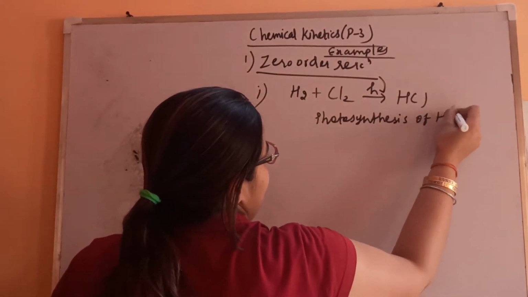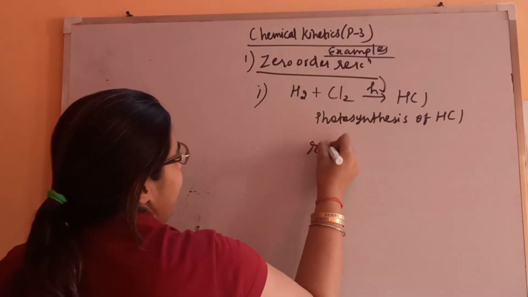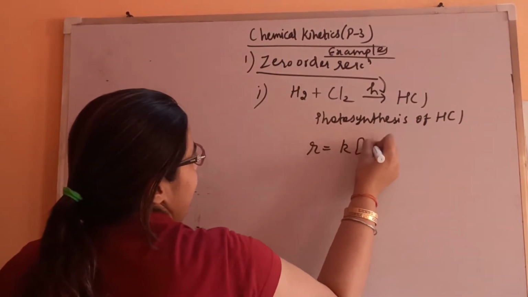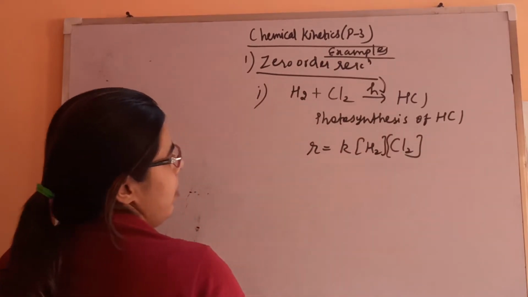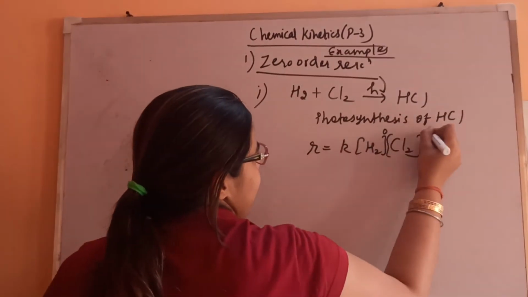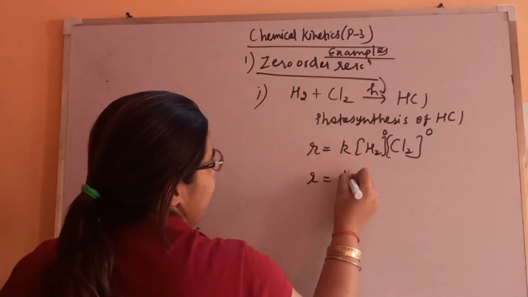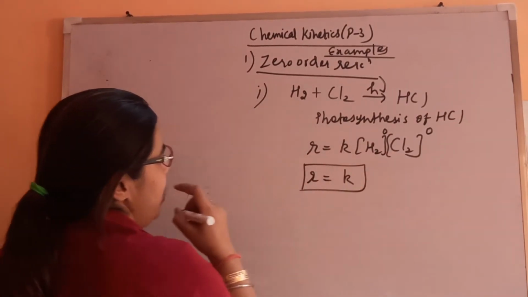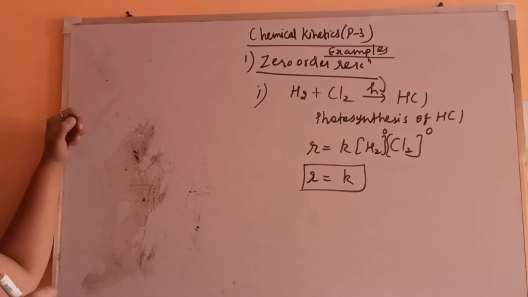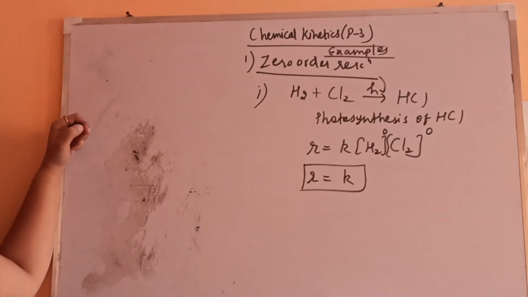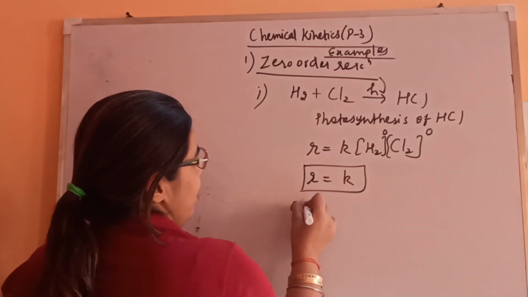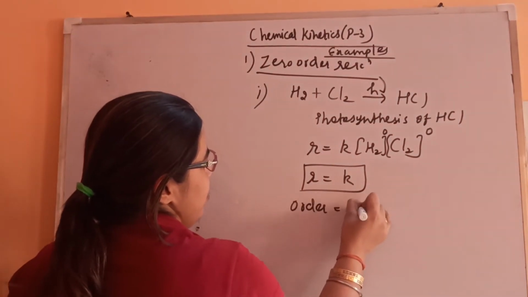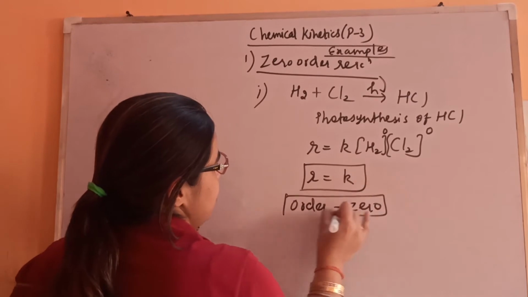If you want to write the rate, the rate is found to be K [H2]^0 [Cl2]^0. It means rate is equal to K only. So here the rate is independent of the concentration of the species. It does not depend, so you can say the order of reaction is 0.